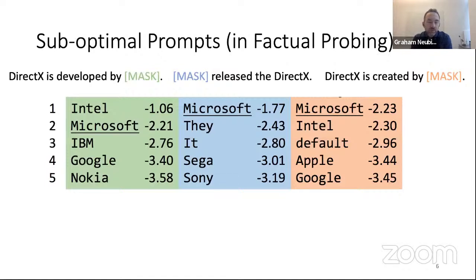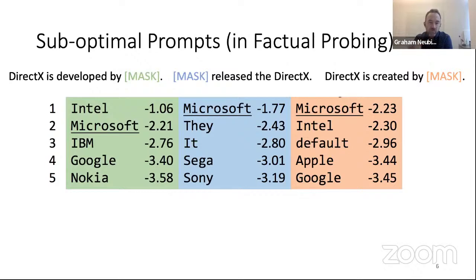And basically the problem is that language models are very sensitive to wording. So if we have a prompt attempting to solve a task, if we have the prompt on the left, we write "DirectX as developed by [MASK]". We see that the correct answer, Microsoft, isn't the number one answer.